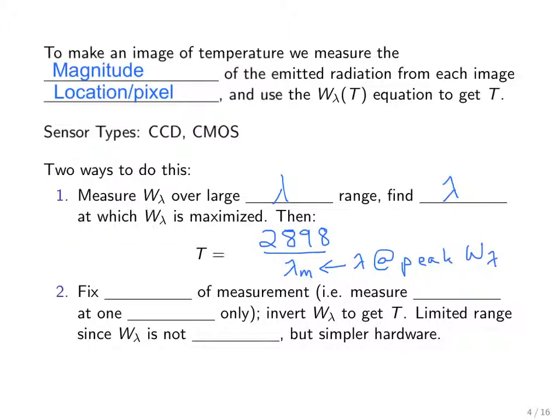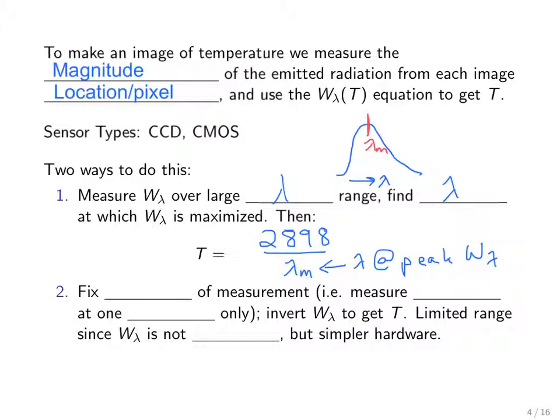And so if you measure W sub lambda over this large lambda range, you're going to get a measurement that's going to look something like this. We'll show it on the next page. It's going to look something like this as a function of lambda. And so once you've made that measurement, you see where on this curve is the peak lambda. So that would be right about here, and that gives you the lambda sub m.